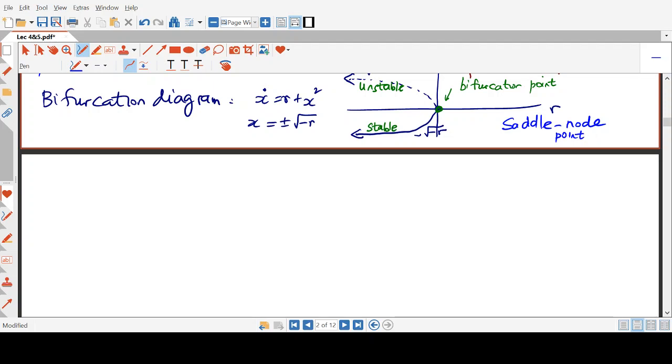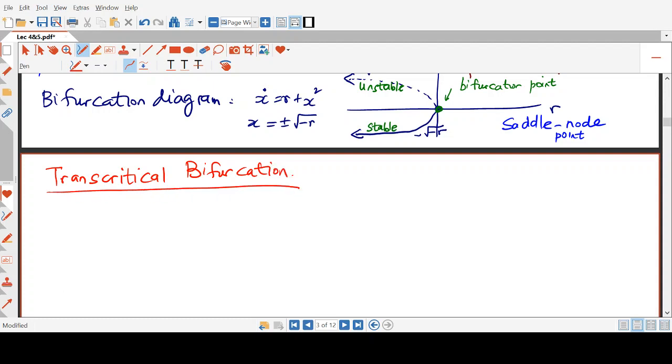Because now I'm going on to another type of bifurcation called a transcritical bifurcation. There's some hectic words here. Transcritical bifurcation. What does it mean?